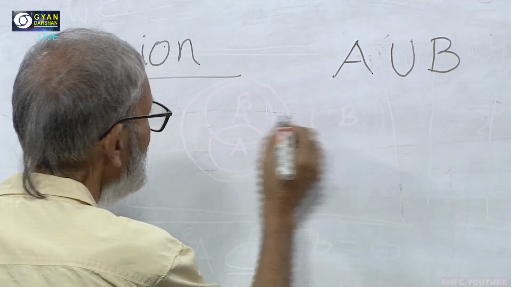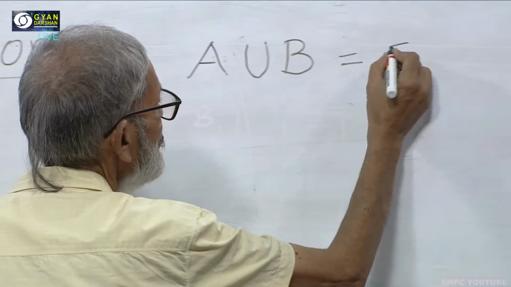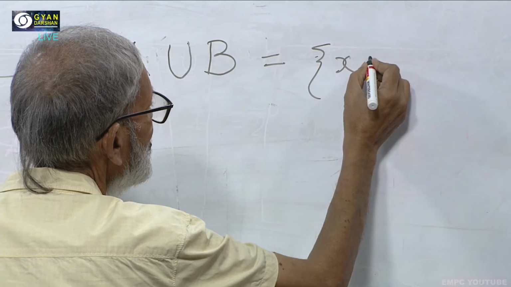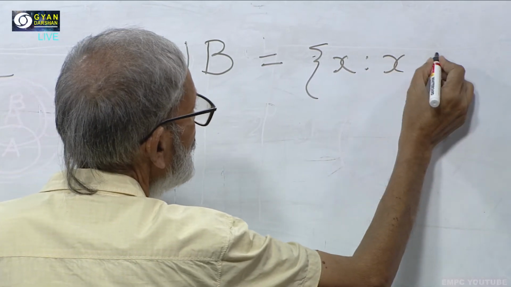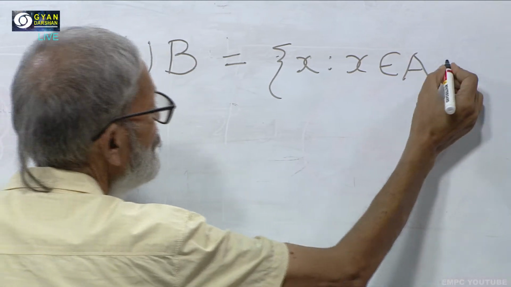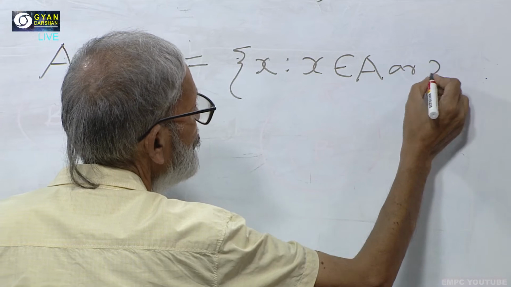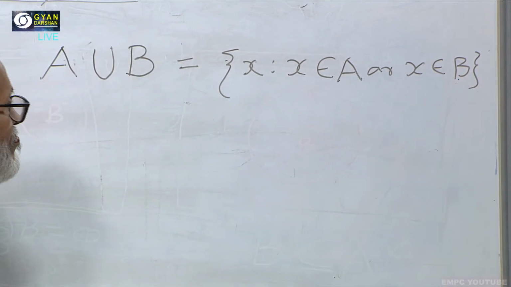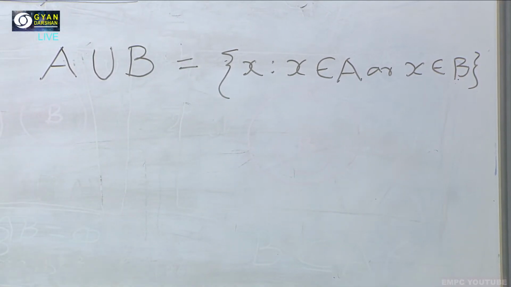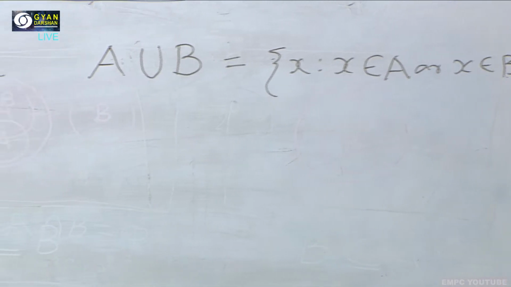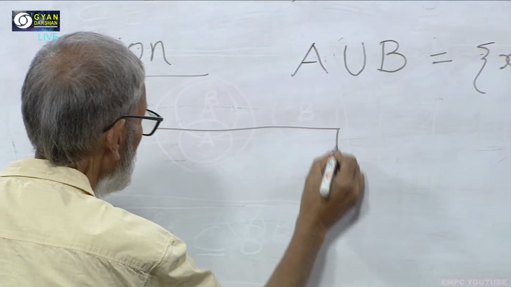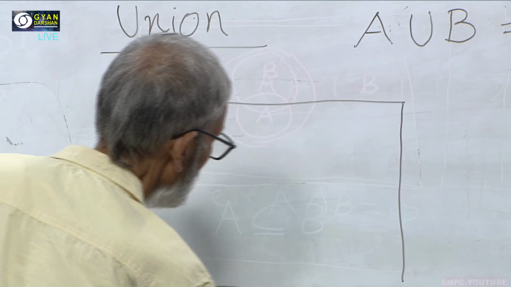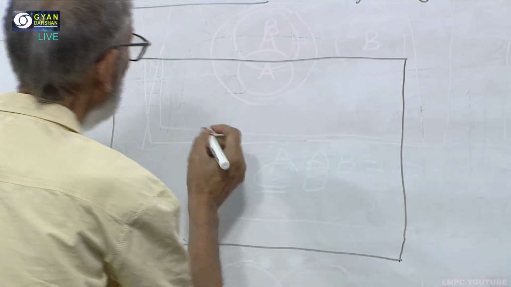How do we define this? A union B is the set of X such that X is an element of A or X is an element of B. Through Venn diagram, how can we represent it? Suppose this is universal set.